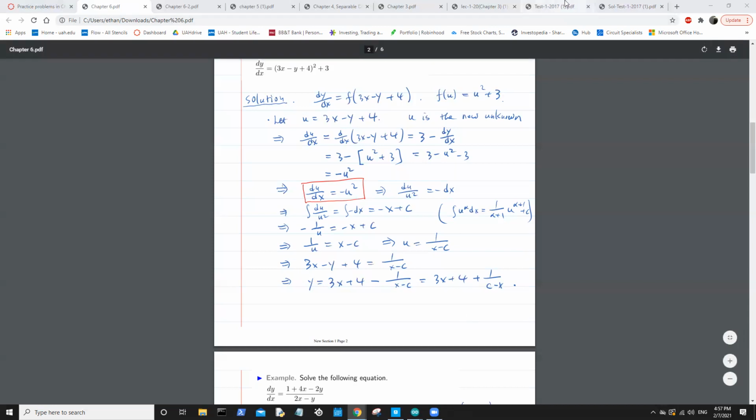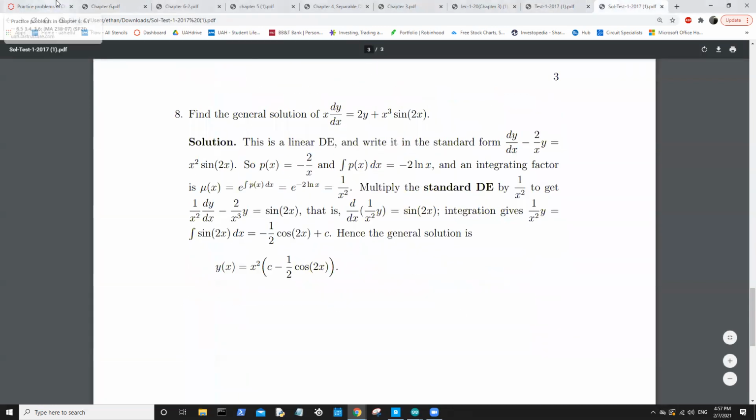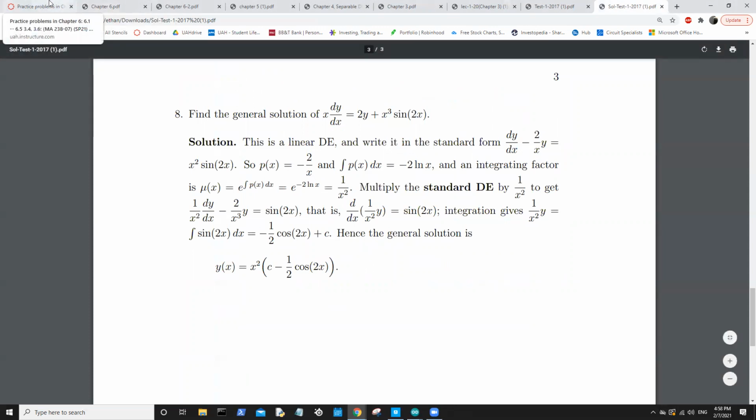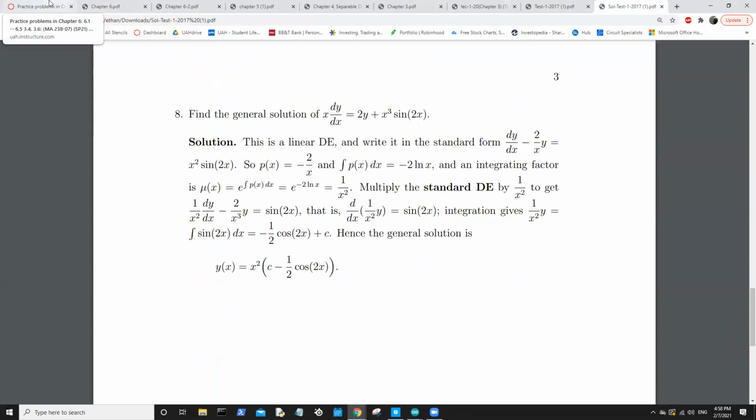Is the answer available on the website link you said? Let me find it. It's in the back of the textbook. That's more accessible than even the website. This is chapter 6, 6.2.